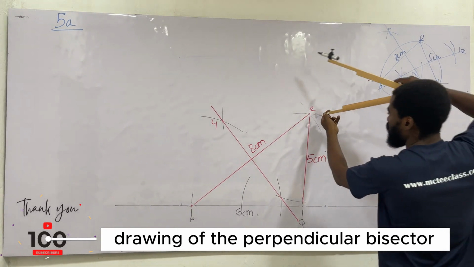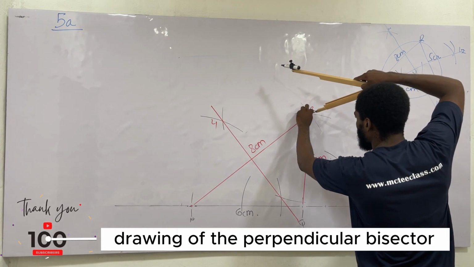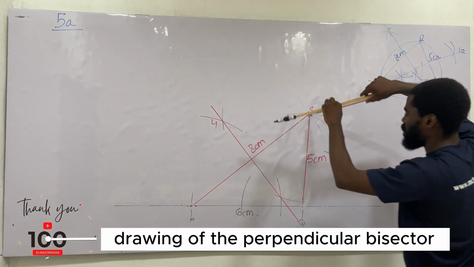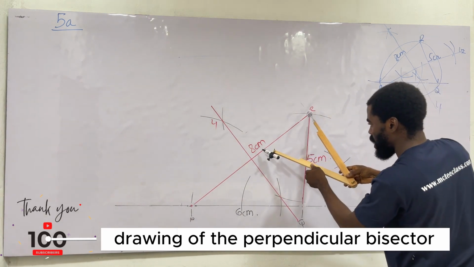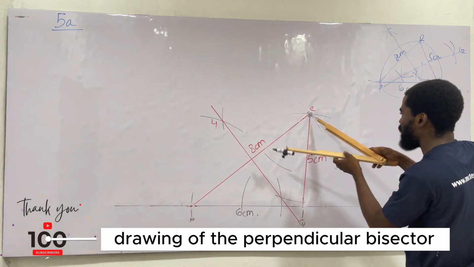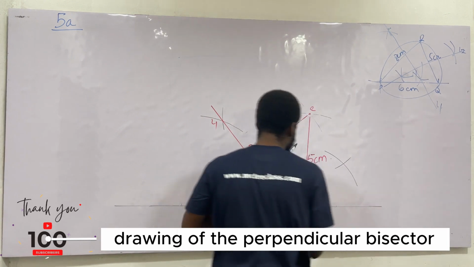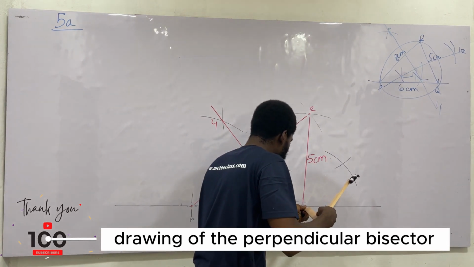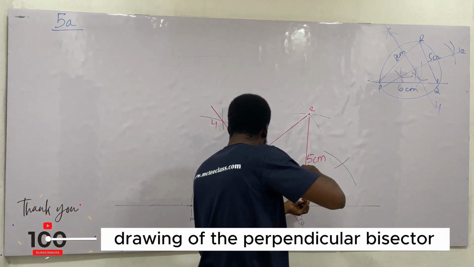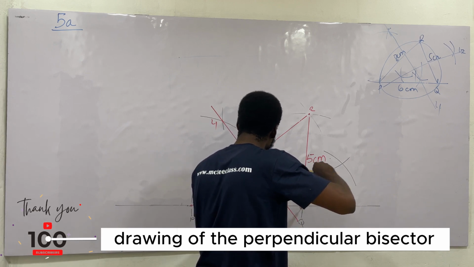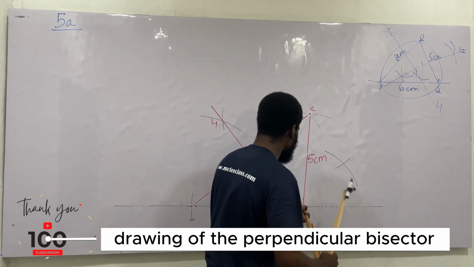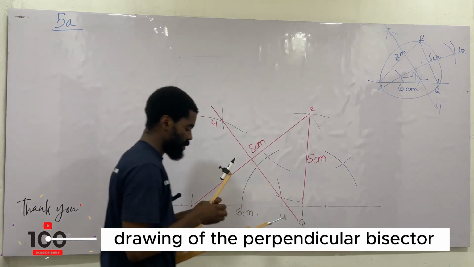Then we come here, then we have that same radius, so we have to go and extend that one. Good. So I'll be cleaning the extra arcs so that it looks a little bit neat.